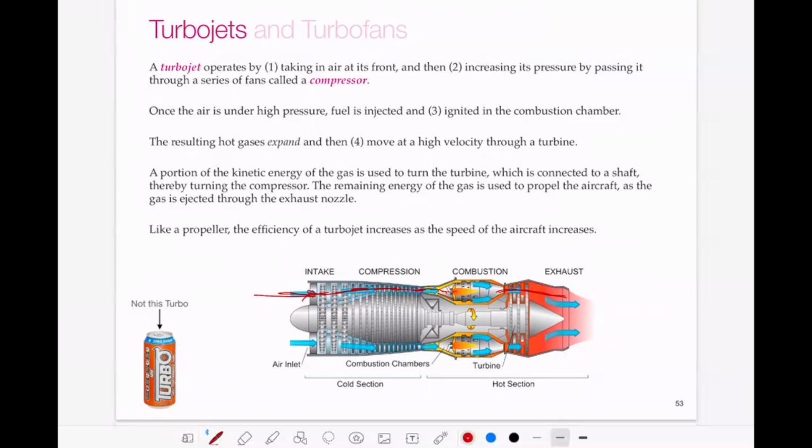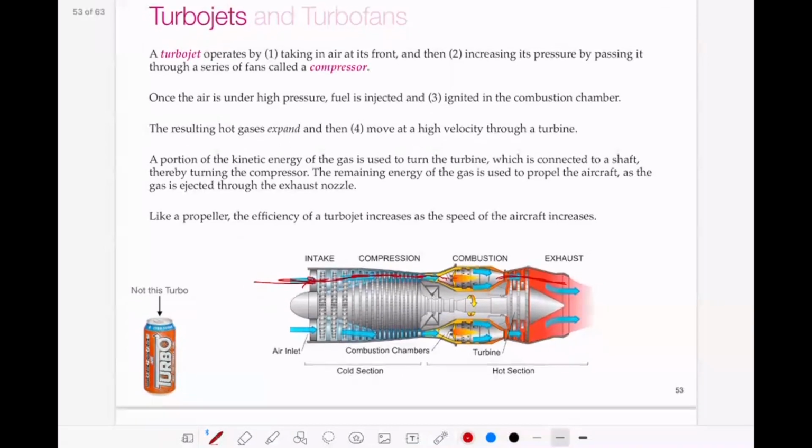In industry, you'll often hear of these kinds of engines called suck, squeeze, bang, blow, which refers to each of those steps. So the suck phase, where air is sucked into the front, and then it squeezes the air in the compression phase. There's a big bang when you have combustion, and then the exhaust gases are blown at the end. So if you ever want to remember the steps for a turbojet or a turbofan, think suck, squeeze, bang, blow.